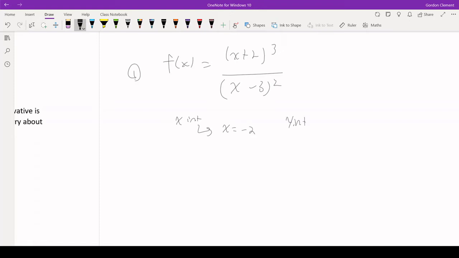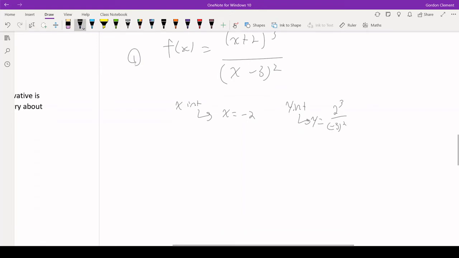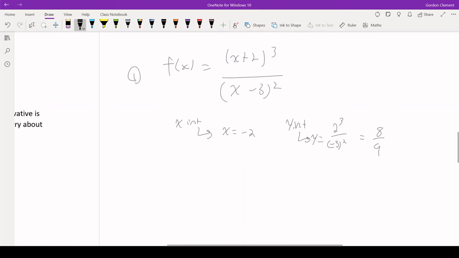Y-intercept comes from when x is 0, so when x is 0, you get 2 cubed over -3 squared, and you get 8 over 9, I believe. So that's going to be our y-intercept, so close to 1 anyway. So there's our x and y intercepts.